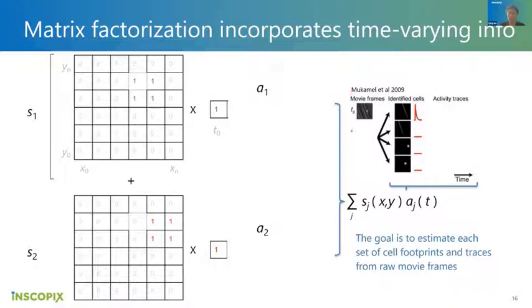This method, the PCA-ICA algorithm, was published a while ago by Mukamel, and the idea is to correlate the movie frame from your raw recording to the cell activity in the cell footprint. If we have the cell map and their activity, it is pretty easy, for example for simulation purposes, to construct the raw movie.